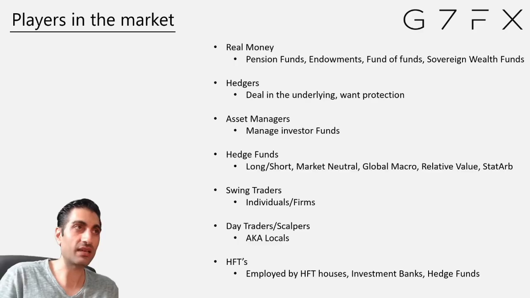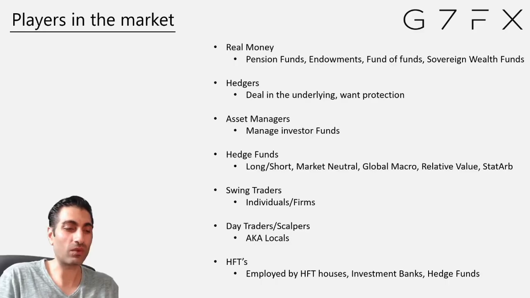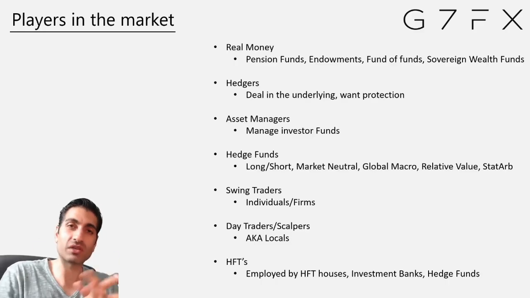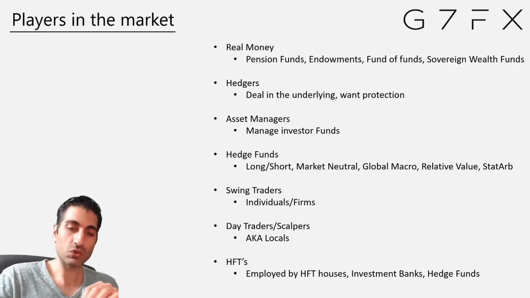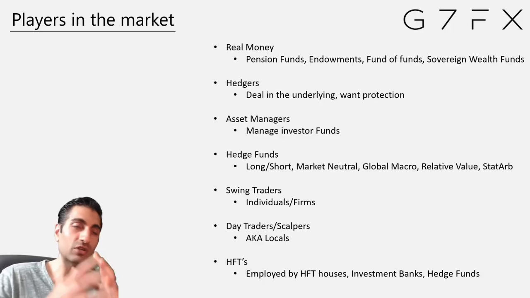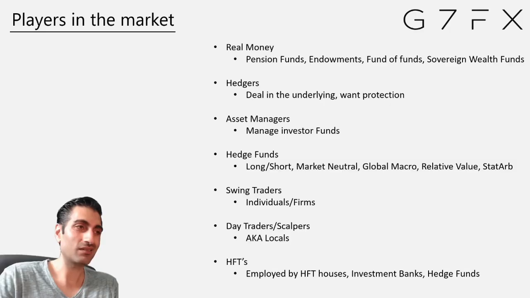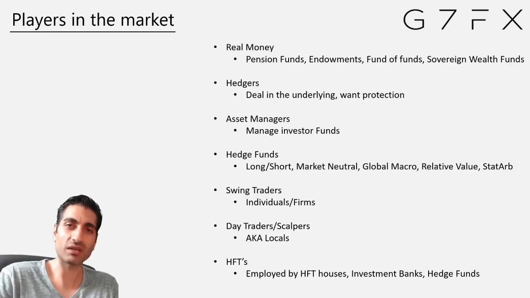Okay, so you can see here I've got a list of players in the market, and I think it's important that I pause here and talk a little bit about why this is so important. If you think about it, a lot of the course, auction market theory, I think pretty much everyone can see that a market is a market is a market. I've said that before.